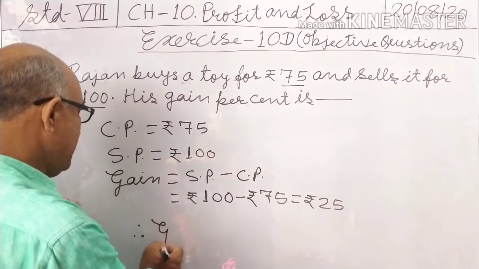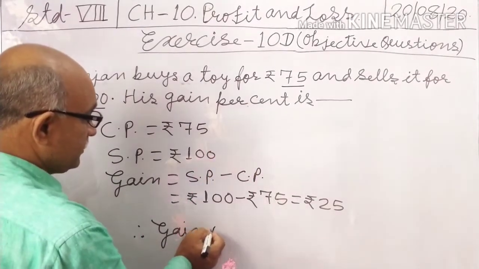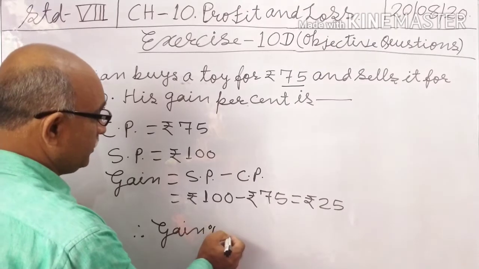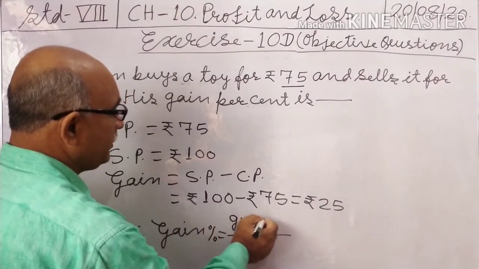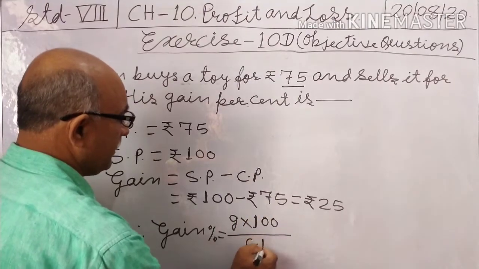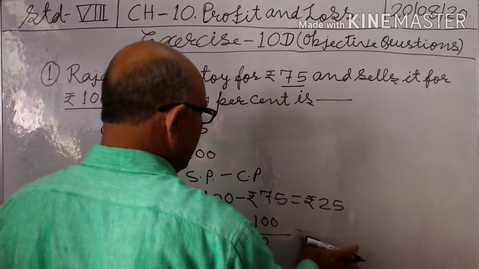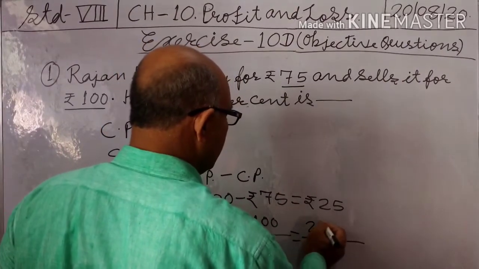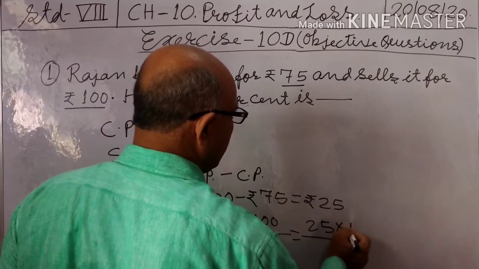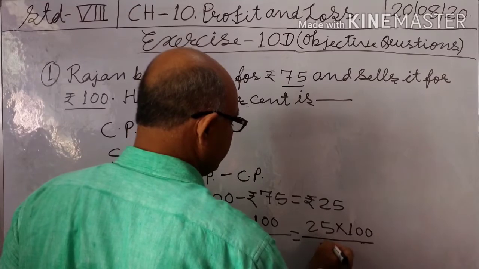Therefore, we have to find gain percent. So gain percent equal to gain into 100 by CP. So 25 into 100 by CP, which is 75.